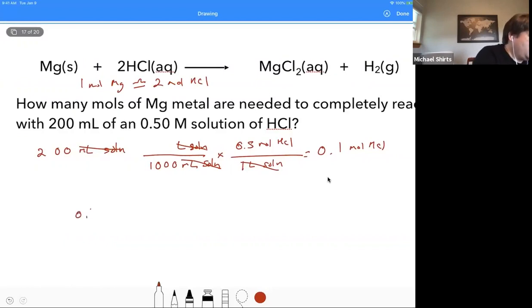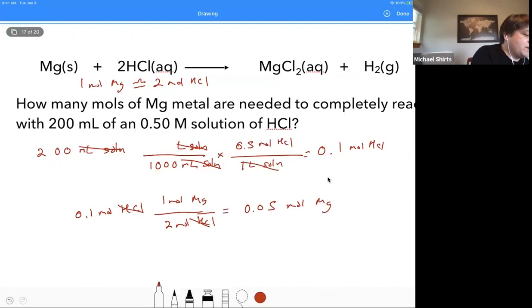And so 0.1 mole of HCl, with 1 mole of magnesium to 2 moles of HCl, gives us 0.05 moles of magnesium. So remember, flask 1 was 0.0125 moles of magnesium. So in that case, the magnesium was limiting.